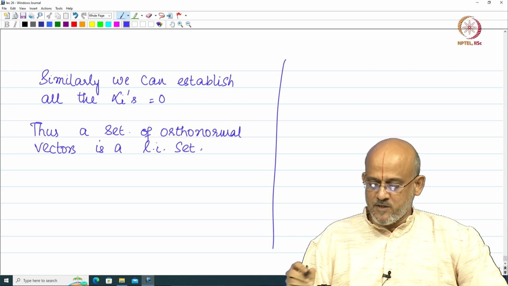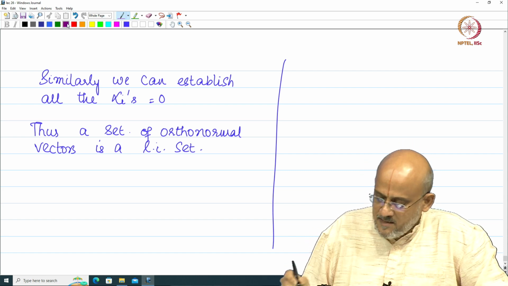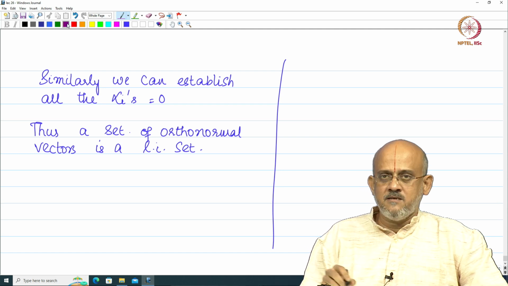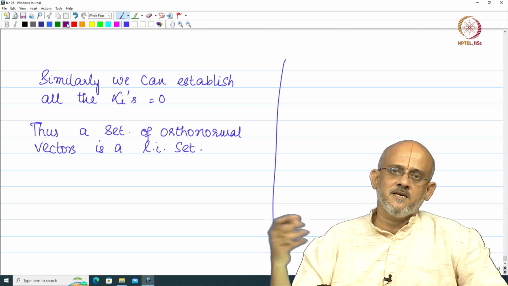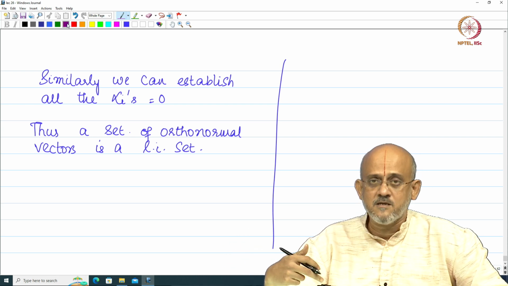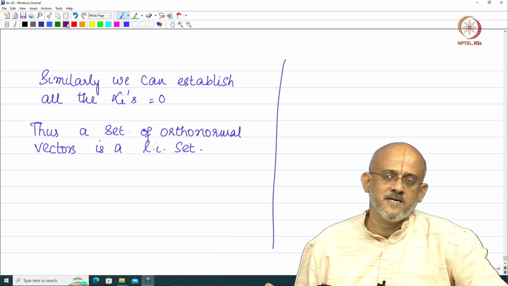It is interesting to see that since it is a linearly independent set, the set of these orthonormal vectors will have its own span, and that will be a vector space. Therefore, this orthonormal set of vectors will be a basis for the vector space.